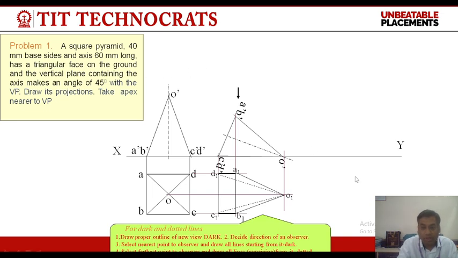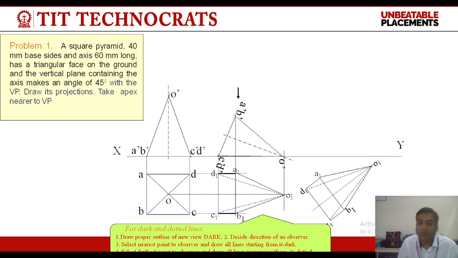Now again it is given that the axis is also inclined at 45 degrees to the VP. So in step 5 we will copy step 4 by keeping 2 points in mind. First, we must keep the apex towards the VP, that is near XY line, and the axis should be inclined at 45 degrees. So, we will copy figure 4 in figure 5 by keeping apex point near to XY and the line of axis inclined at 45 degrees, like this.